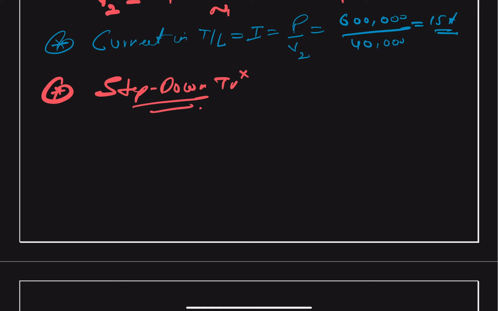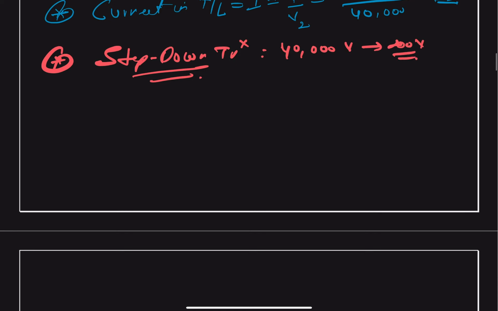So it means the step down transformer is going to convert the 40,000 volt to 200 volt, and we can write once again using the transformer ratio, N3 upon N4 will be equal to V2 divided by the supply which is required by the consumer. And V2 is our 40,000 and consumer requires 200 volt. So we get this as 200.